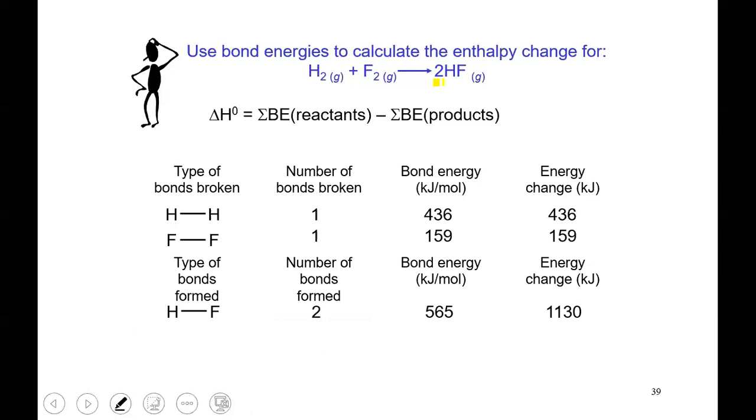So our total heat for this reaction would be 436 plus 159, that's the reactants, minus 2 times the bond enthalpy of the products, or minus 1130. And therefore, that gives you a net of minus 535 kilojoules.